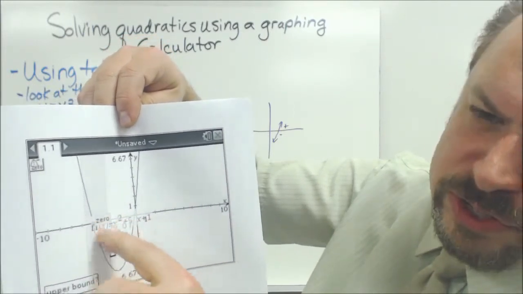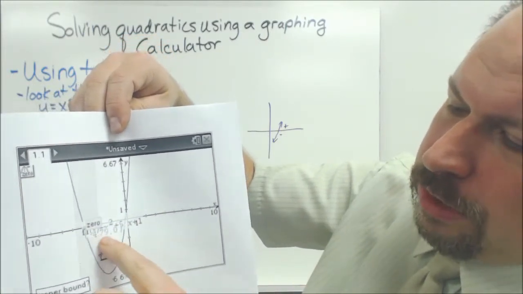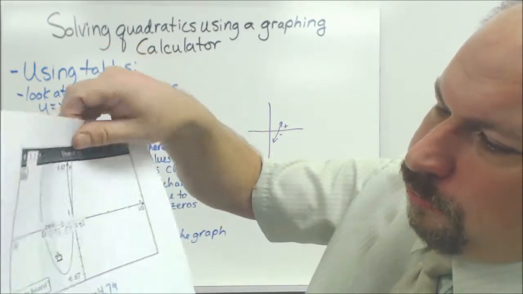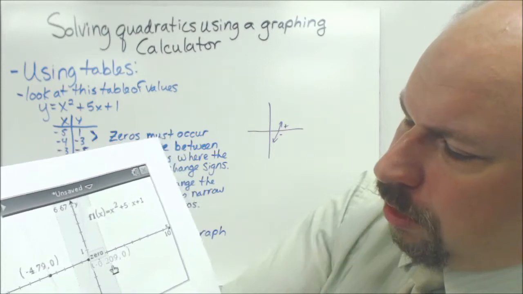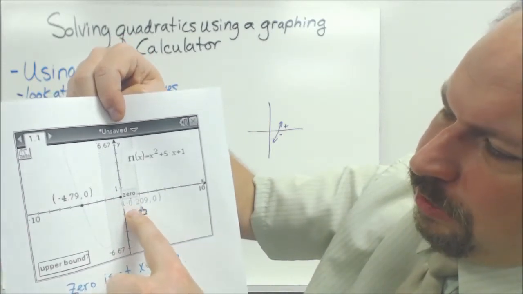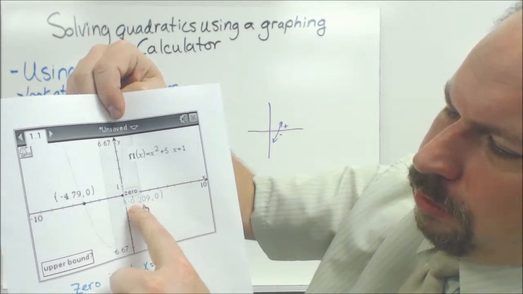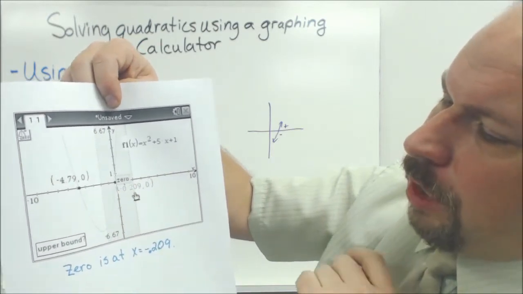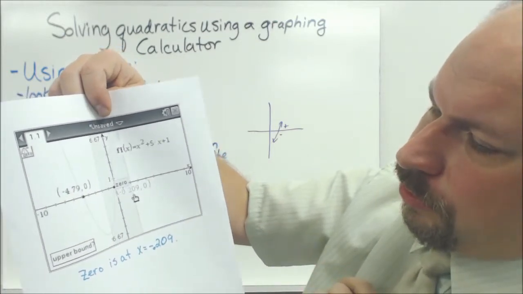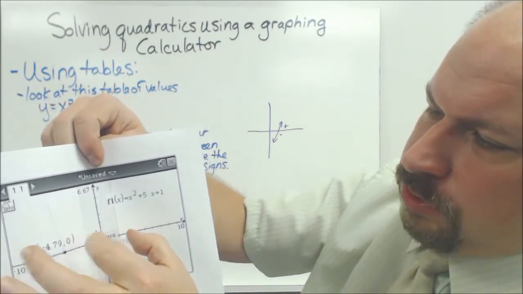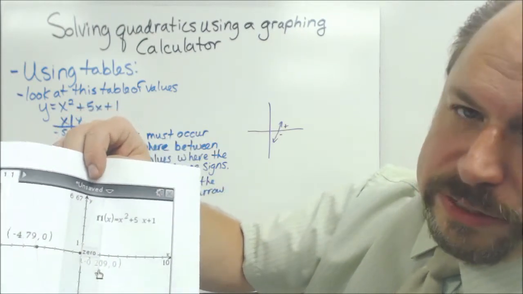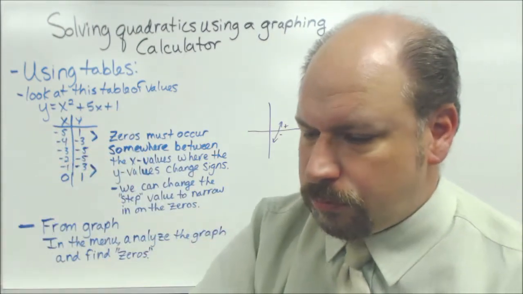This might be rounded just a little bit, so I shouldn't say exactly, but it's about -4.79. And if we do that same thing, we would find our other 0 is at -0.209. So -0.209 is our other 0. So we can use our graphing calculator to find these zeros really easily as well.